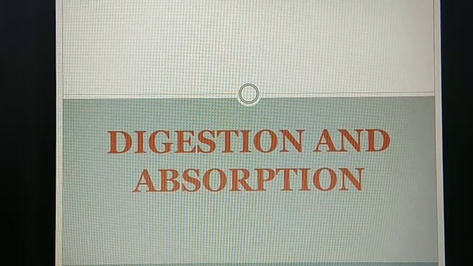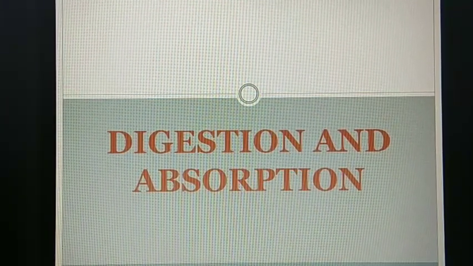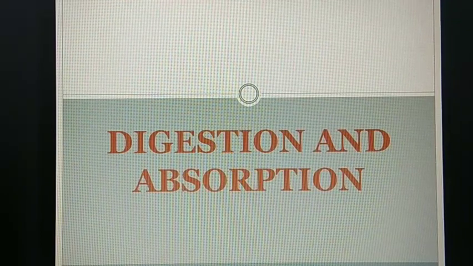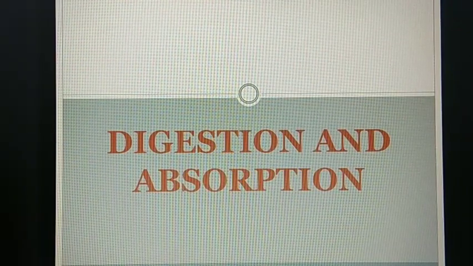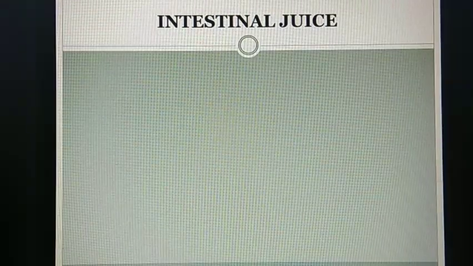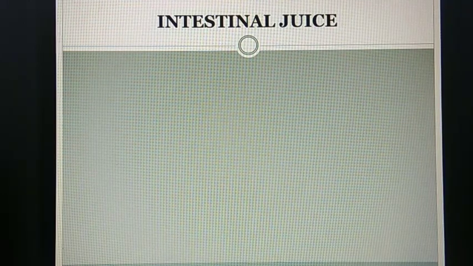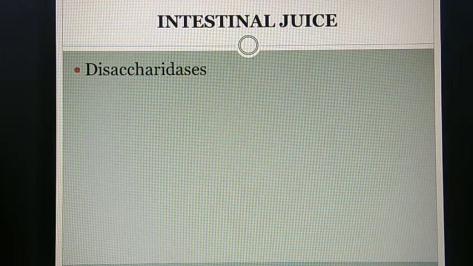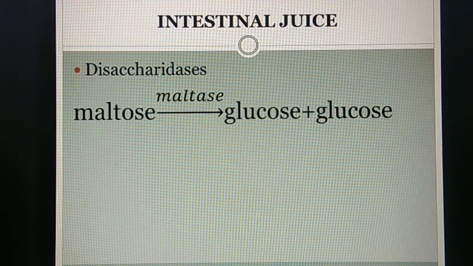Now let us have a glance at the key points. Digestion and absorption. The intestinal juice contains disaccharidases, and these disaccharidases convert disaccharides to monosaccharides.